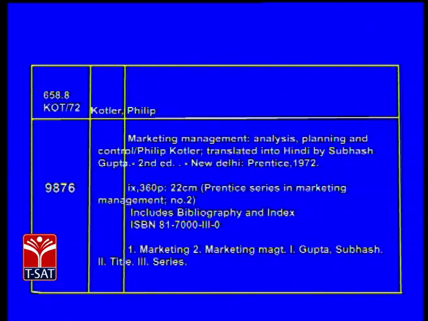First the name of the series will come, that is Prentice series in marketing management, and in this title there is no statement of responsibility relating to the series, so we are leaving that area, and after that the series number will be given as 2.